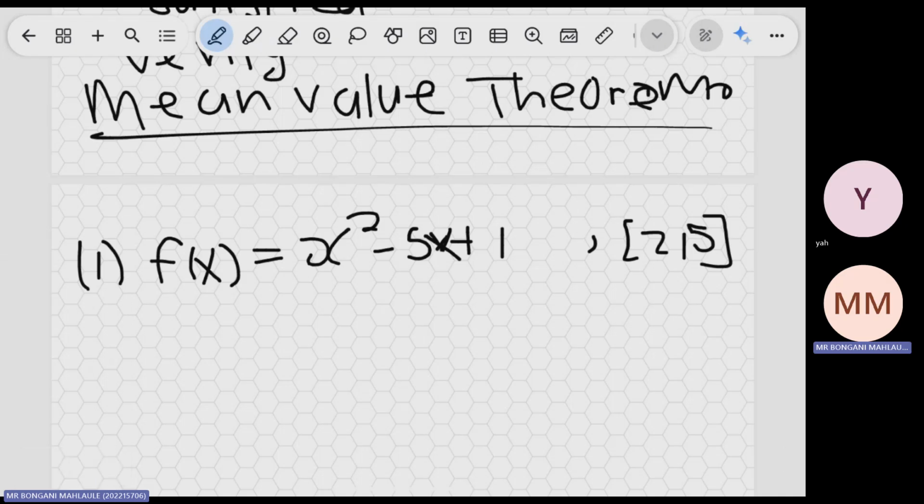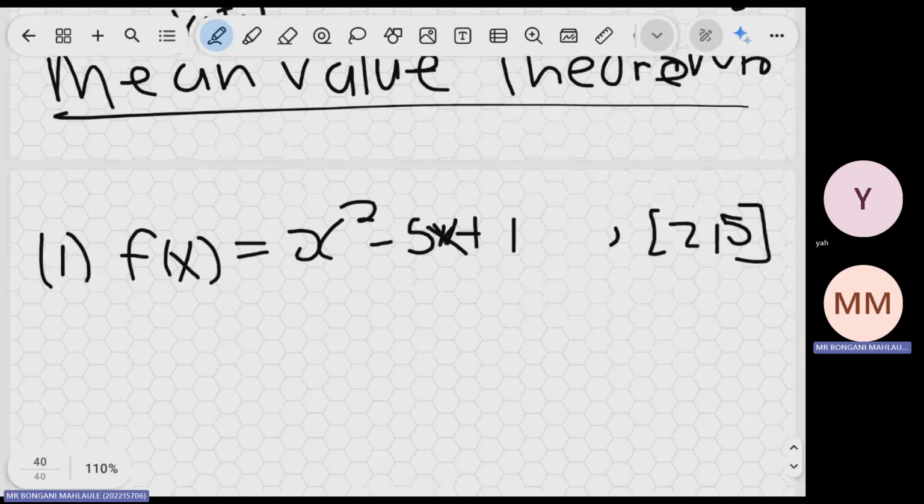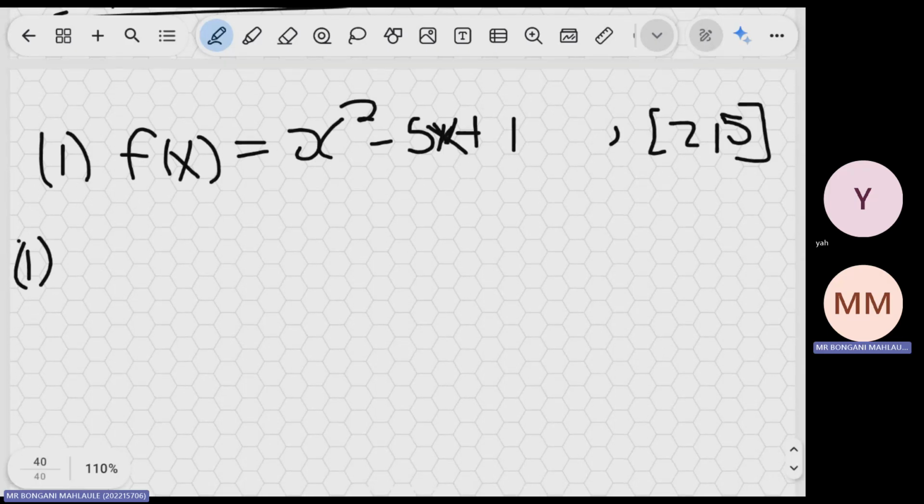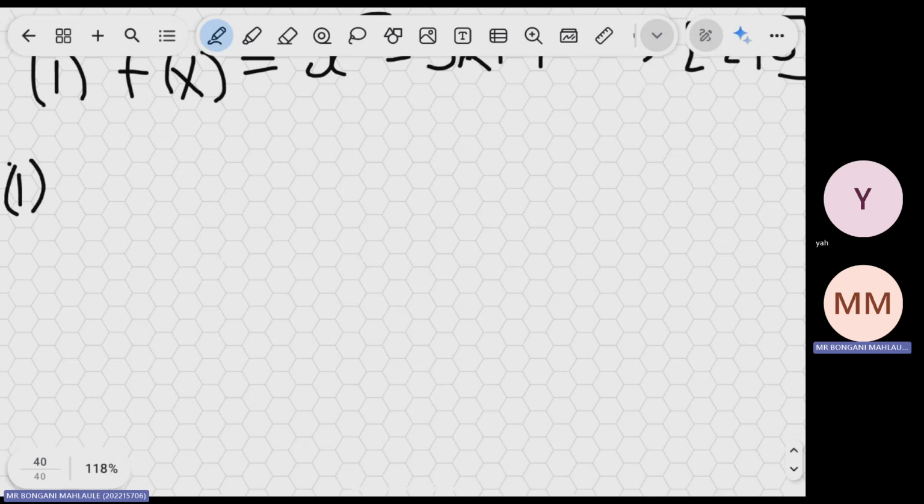So let me actually see how we tackle this one. So the conditions, there are also three, I think. Let me check. Okay, here we also have four conditions.